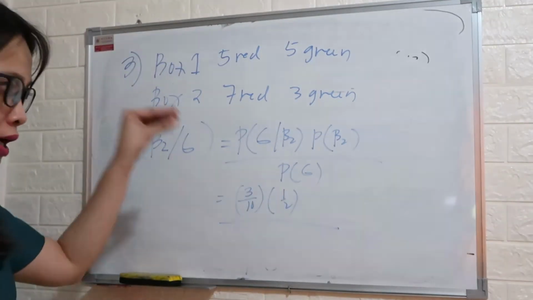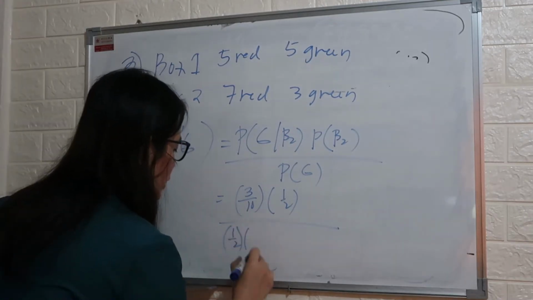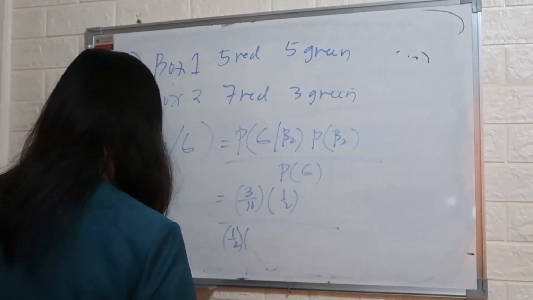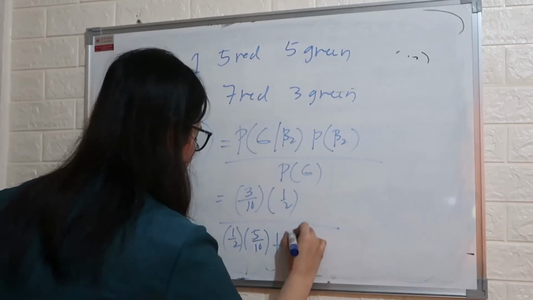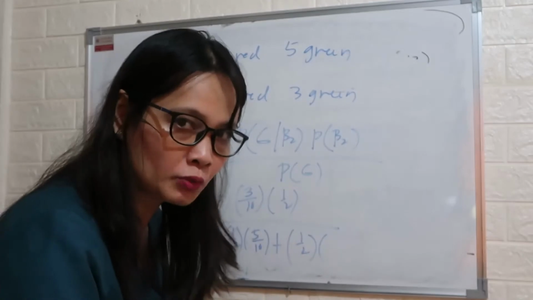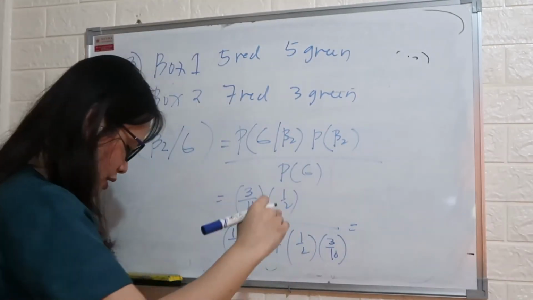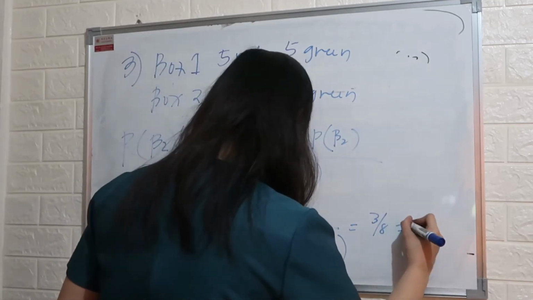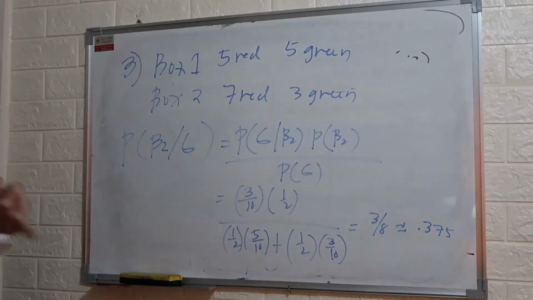That is 1/2 multiplied by 5/10 plus 1/2 multiplied by 3/10. If you simplify that, that will be 3/8, or equivalent to 0.375. Okay, another example.